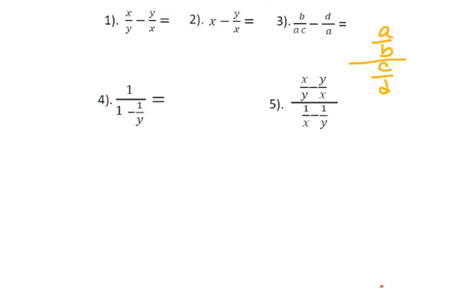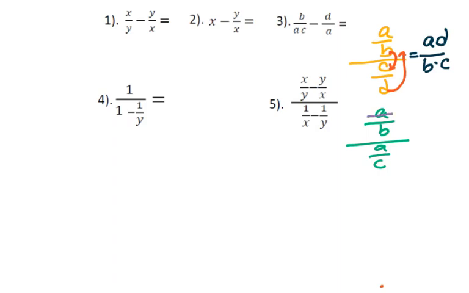We know that for complex fraction, we focus on the denominator. So denominator is b, we drop down. This denominator will go to the top. Then we do multiplication. Answer is a times d and b times c. Then there's another rule. If your numerator is exactly the same thing, yes, you can reduce them.